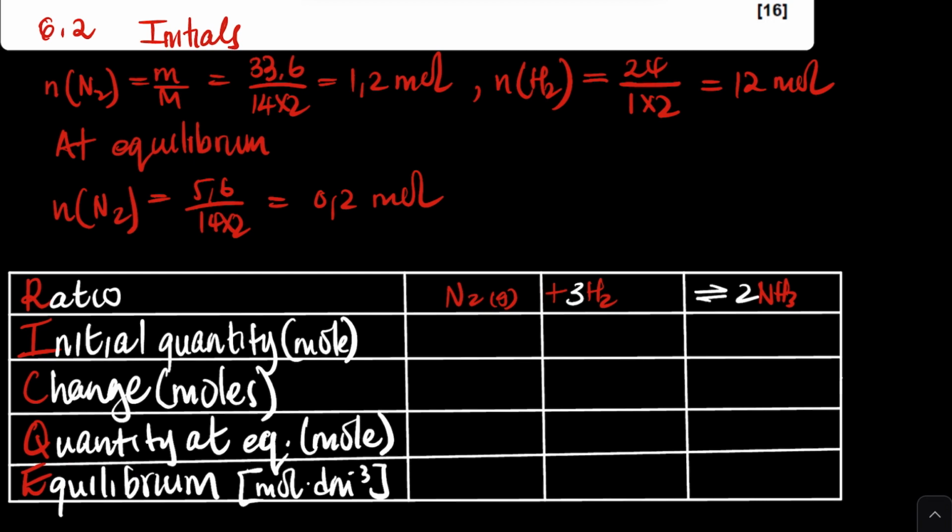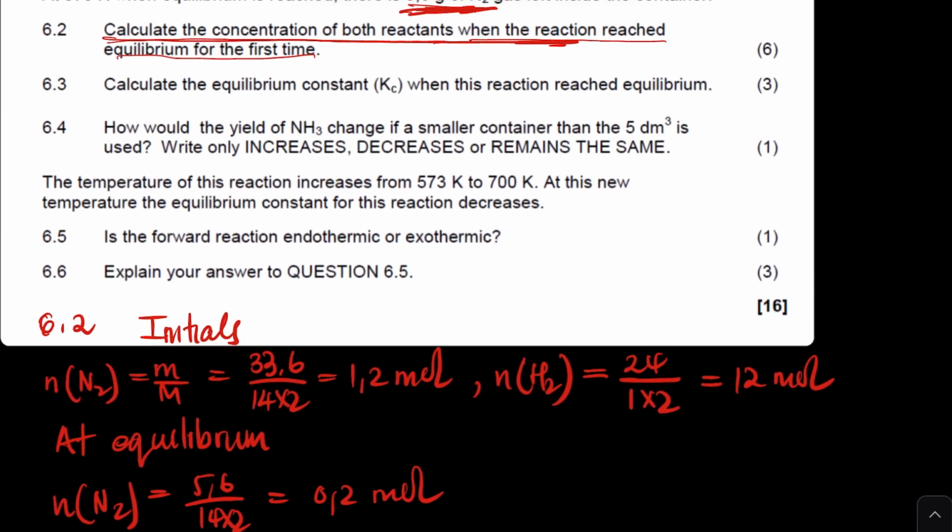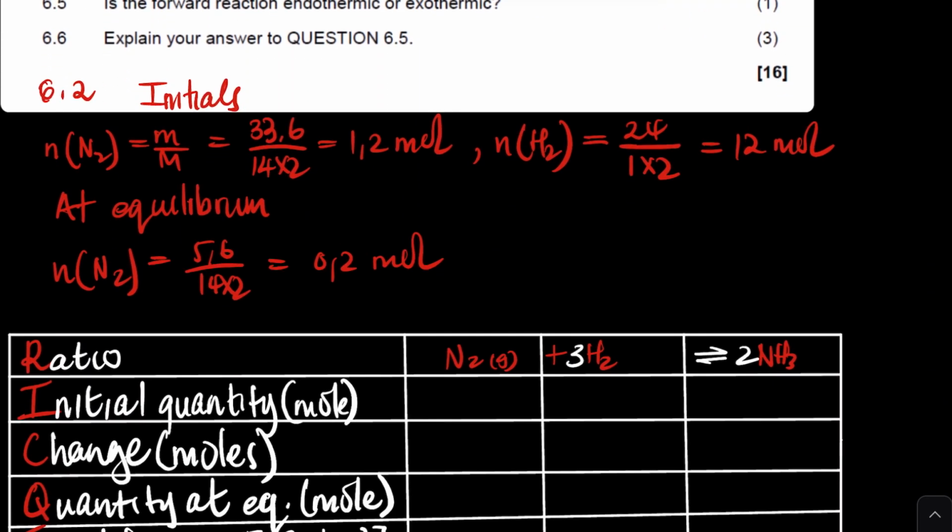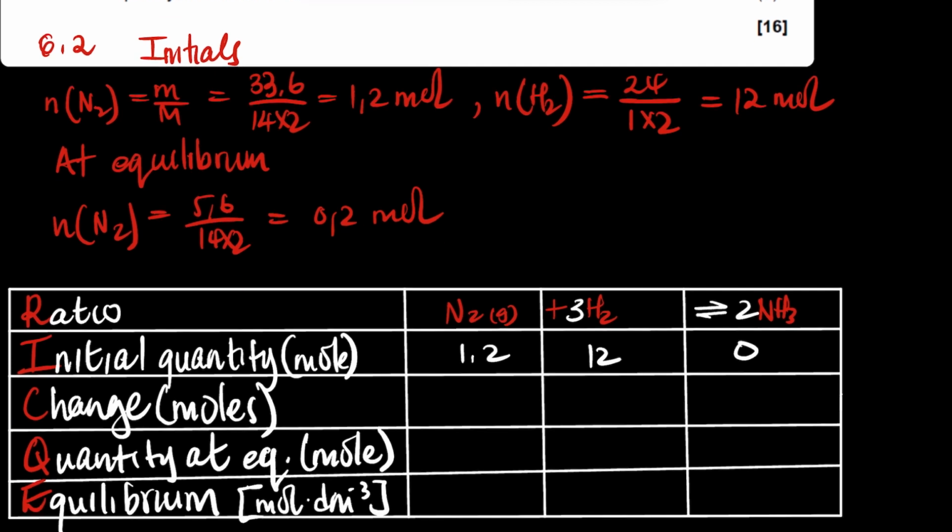So I'm substituting the initial amounts. For nitrogen gas it was 1.2, and for hydrogen it's 12, and initially we had no product, which is the ammonia.